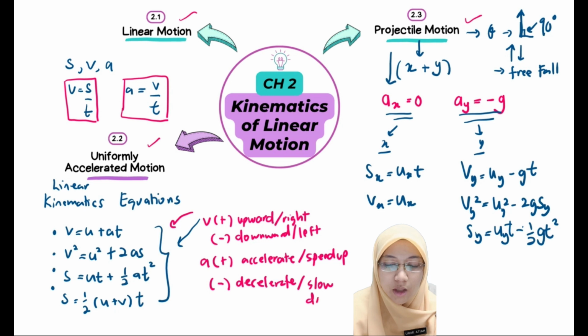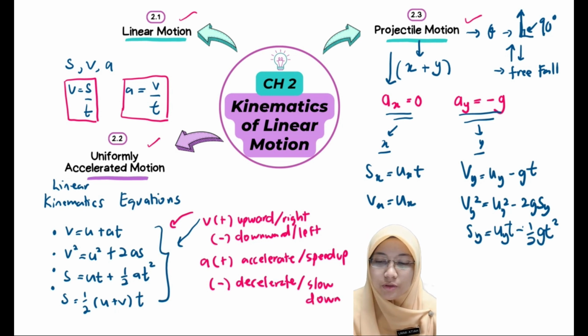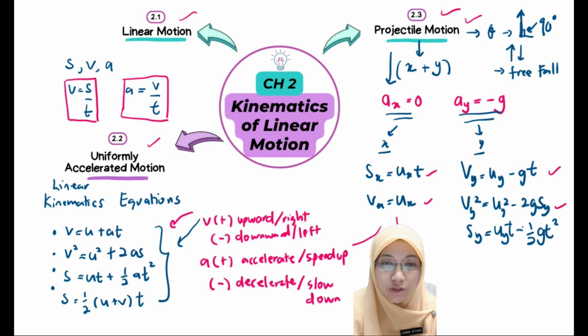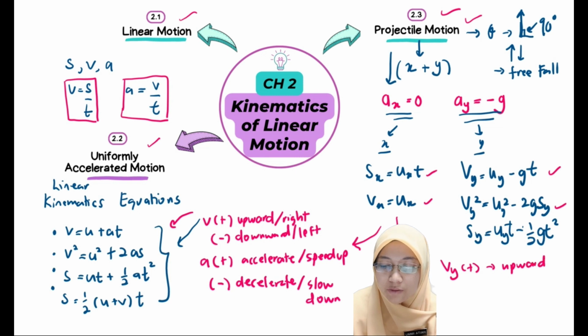And for subtopic 2.3, we have sx and vx, and also vy, uy, and sy. For the x-axis, the sign convention is more or less the same, the meaning is just equal. But for the y-axis, if vy is positive, it means the object is moving upward. If it is negative, it is moving downward.